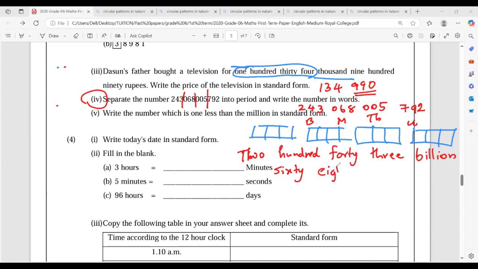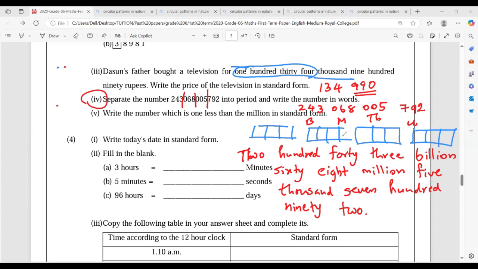How many thousands? 5,000, 700, 92. You can write 243 billion, 68 million, 5,792. If you write like this, it will be fine.